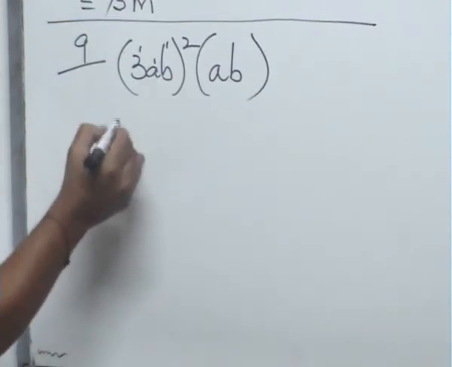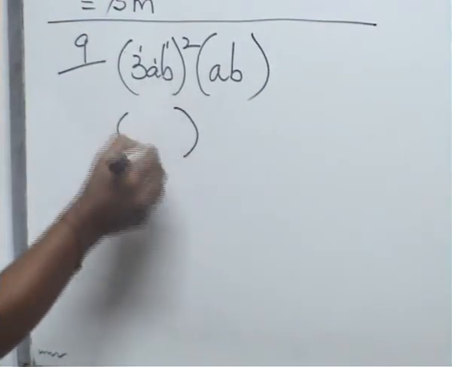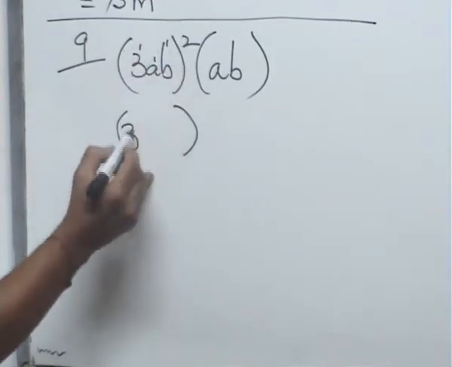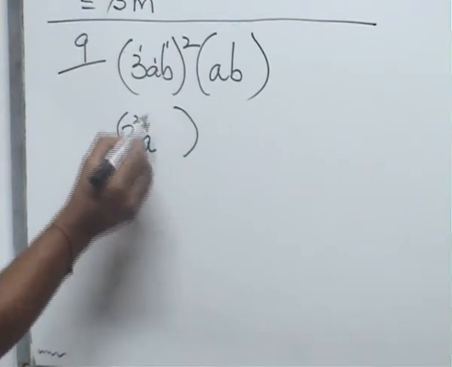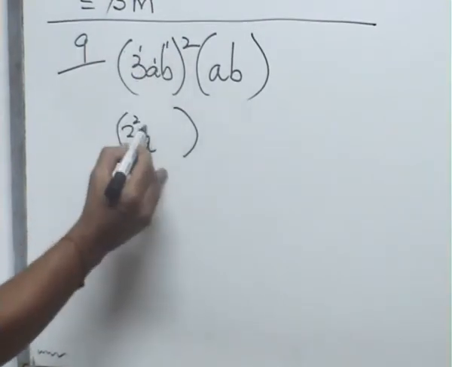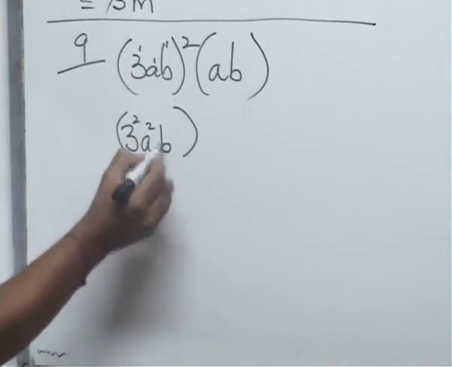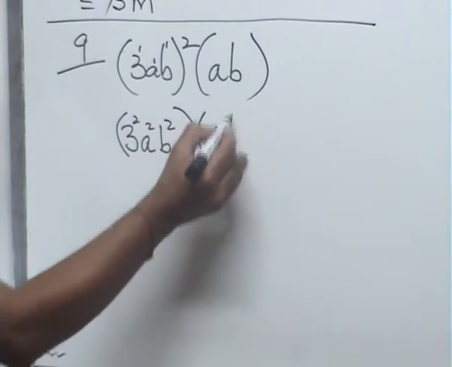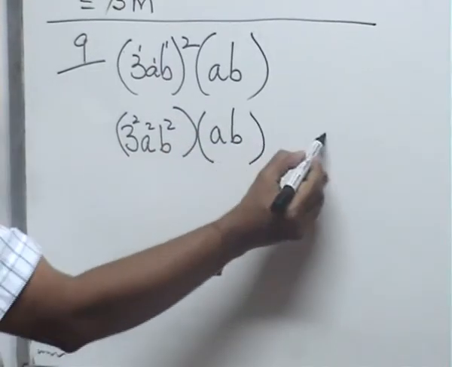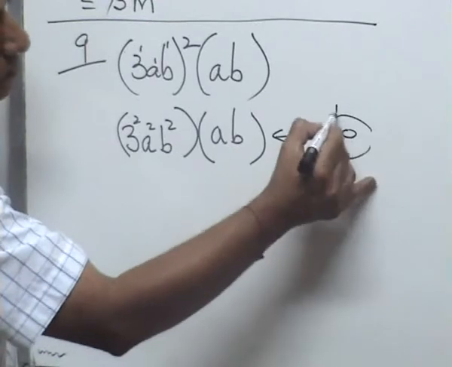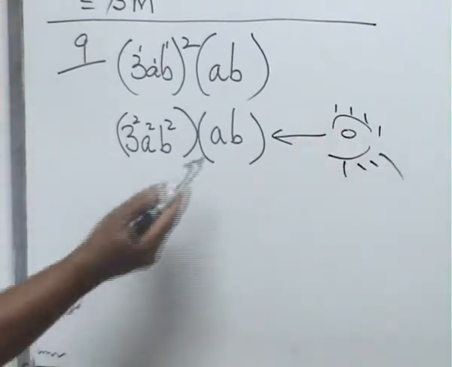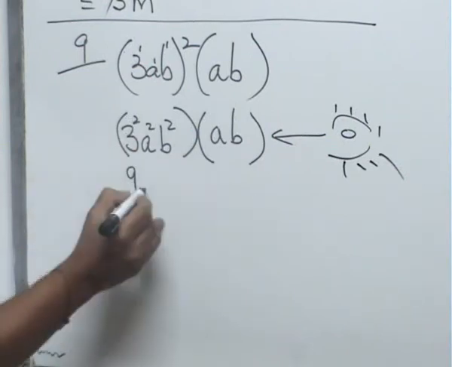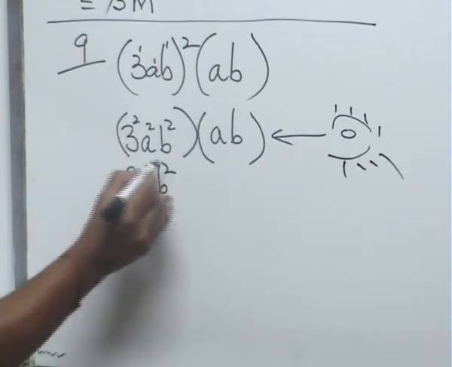So power to power rule will give me, and this answer I'm writing in the bracket, 3, 1 times 2 is 2. A, 1 times 2, 2. B, 1 times 2, 2. That one I'm just rewriting it there. Now when I look here, I can see this is 3 squared, I can just make it 9. And I've got a squared, b squared.